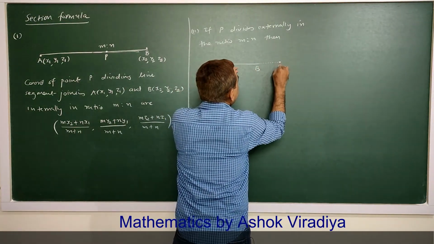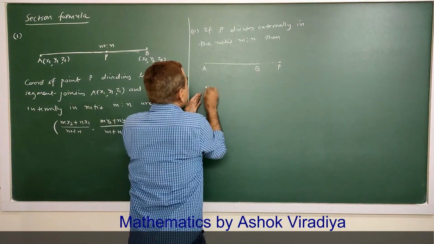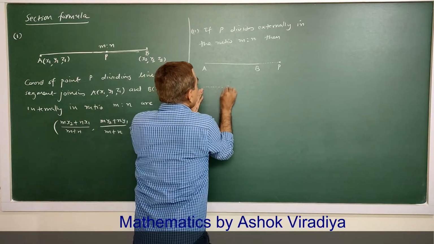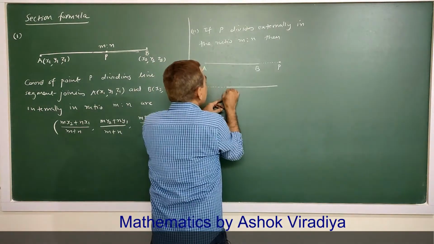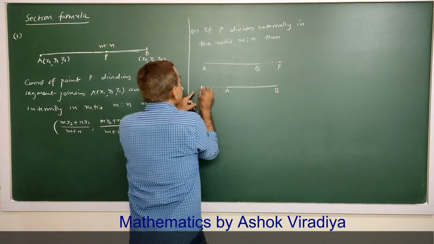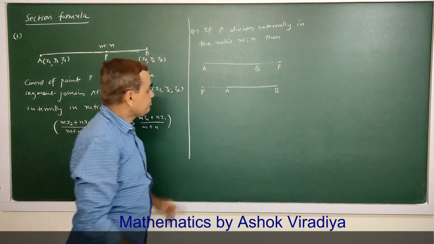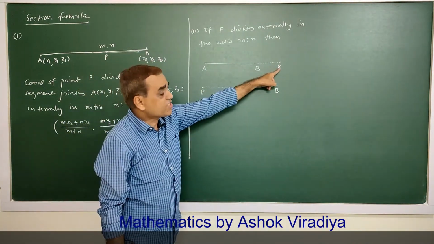It can be either on this side or on the left side of this line segment AB. So in both these diagrams, P divides externally.